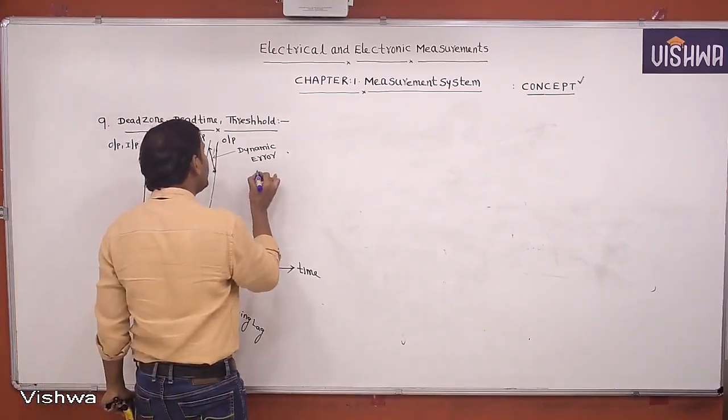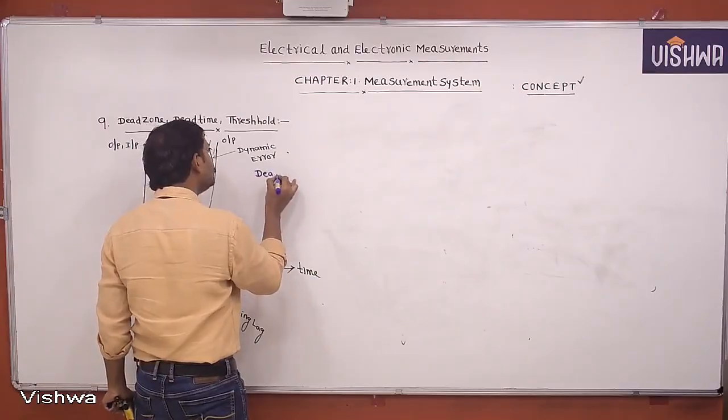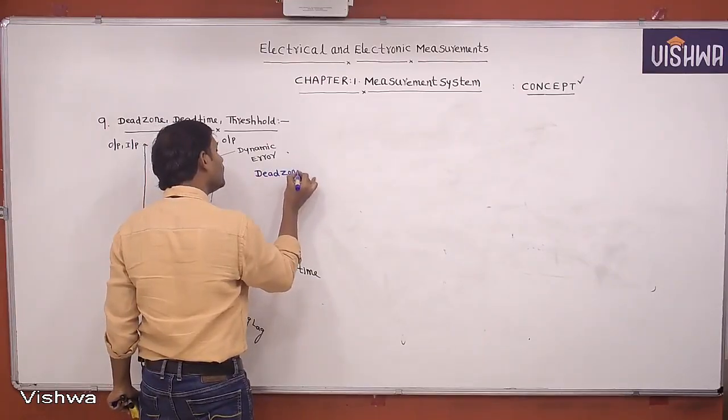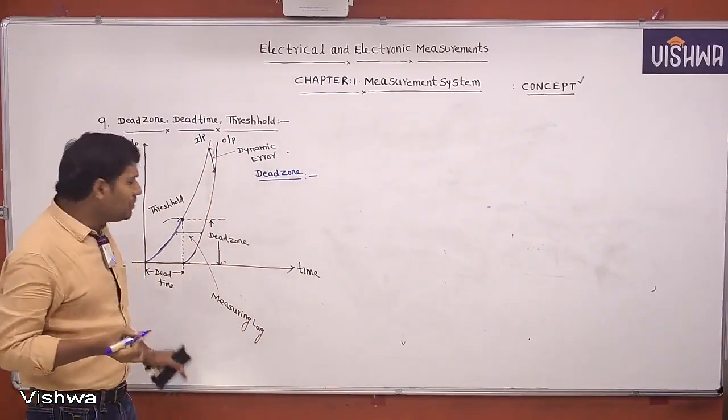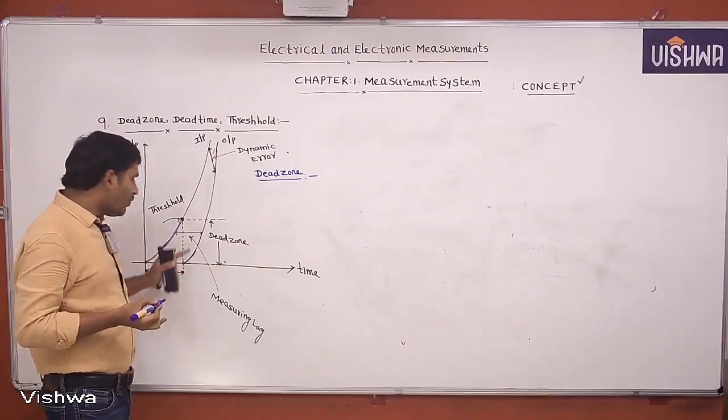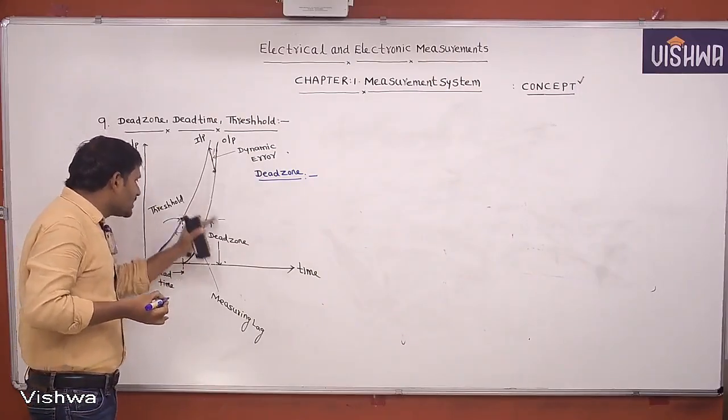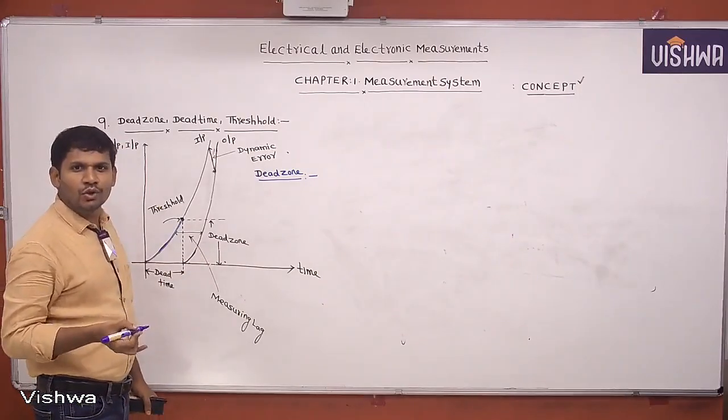Then how to define dead zone of an instrument? Yes, the maximum change in input for which output is not detected is called dead zone of an instrument.